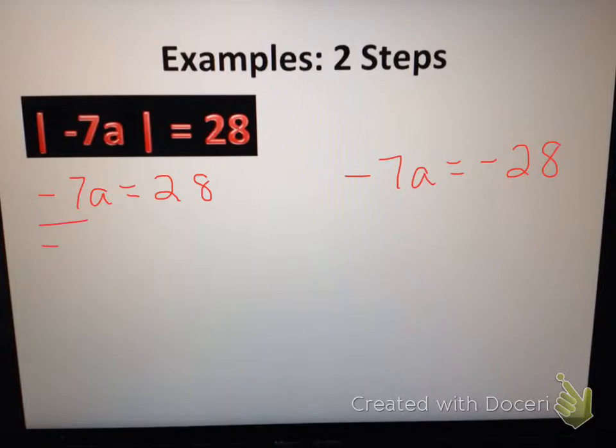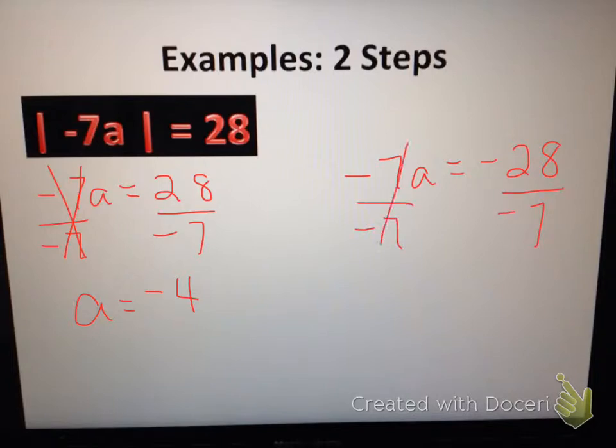We divide by a negative 7 on both sides. This is solving the equation. So we have a is equal to negative 4. On the other side, we divide by a negative 7, and we end up with a is equal to a positive 4. We write our answer as a solution set, which is step number 4. So a is equal to a positive 4 and a negative 4.